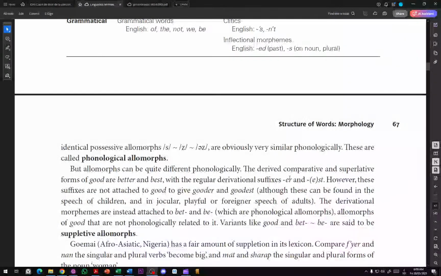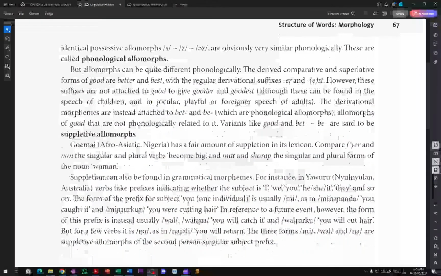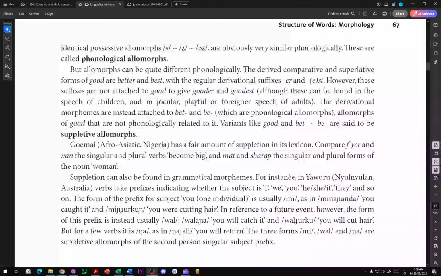These are called phonological allomorphs. But allomorphs can be quite different phonologically.